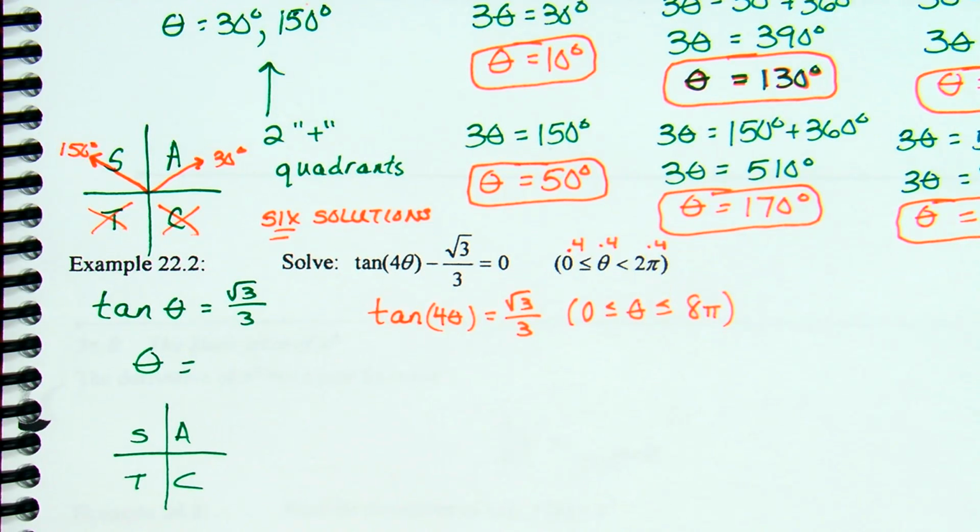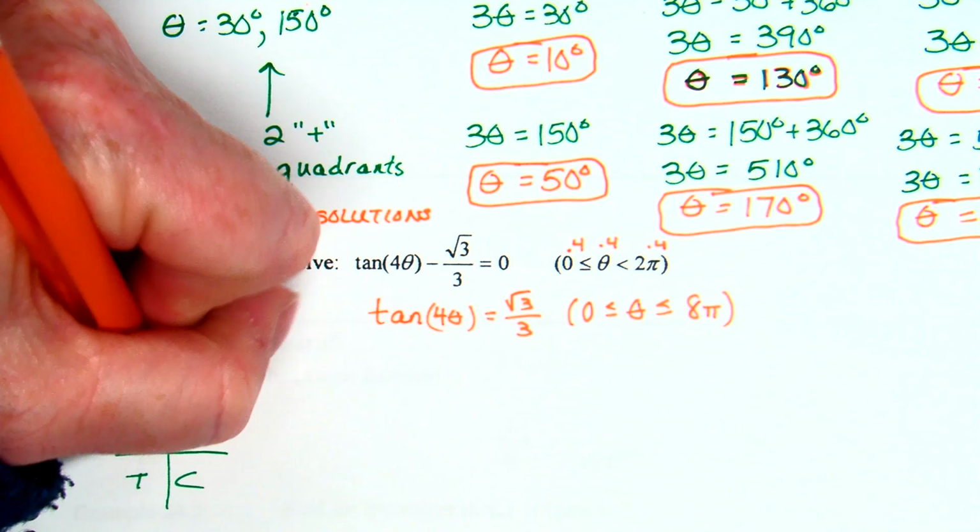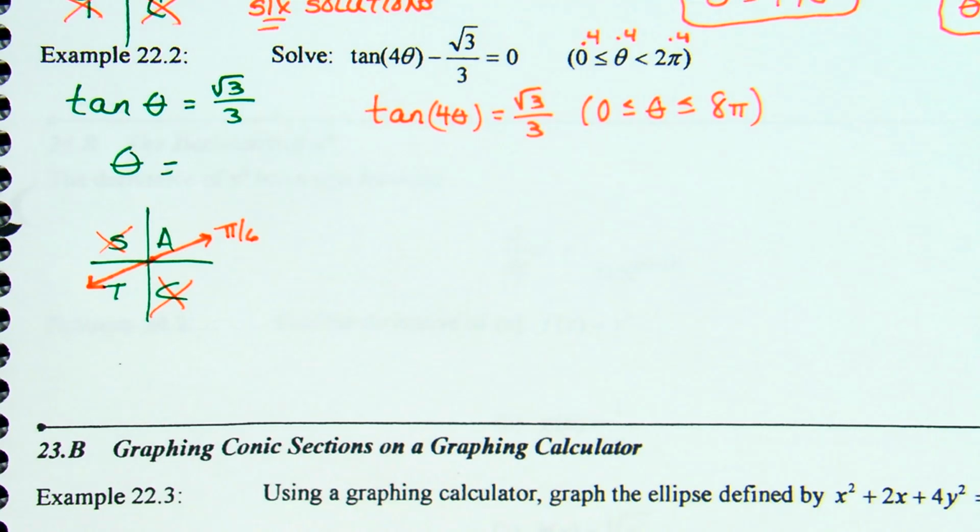Okay, so at what angle is this happening? Pi over 6. What other quadrants do I need to investigate? So we need to know this one down here. What is the pi over 6 angle in quadrant 3?